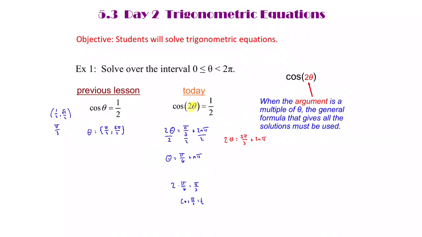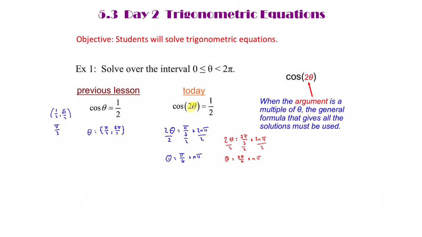So our angle now is being multiplied by 2. So our other equation, divided by 2, will give us theta is equal to 5 pi over 6 plus n pi. And so those are our two general forms now that we will be using.